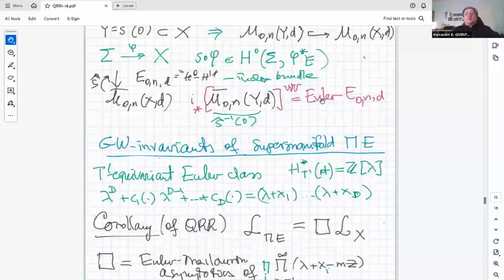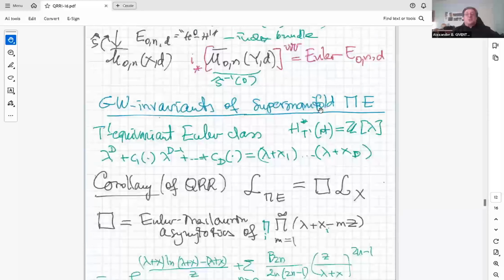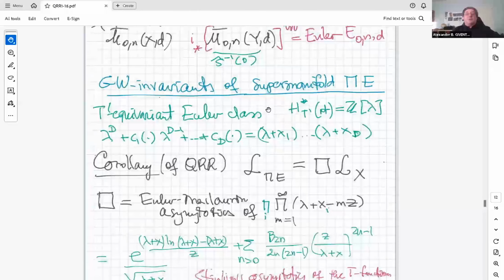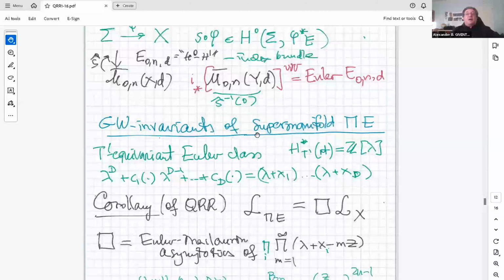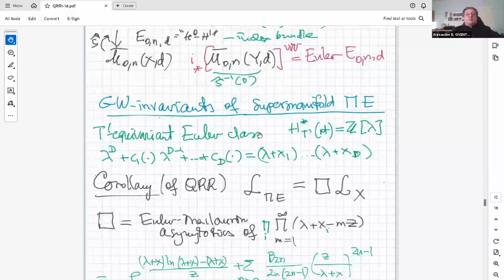There is one subtlety. The Euler class is a multiplicative characteristic class of vector bundles, but it's not invertible. It's rather nilpotent, right? So to apply that machinery of the quantum Riemann-Roch theorem, you need to perturb it a little bit. Namely, what you need to do is the following. Consider a vector bundle E over a target space, a complex holomorphic vector bundle.